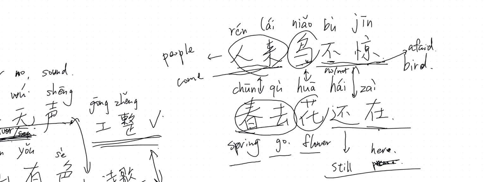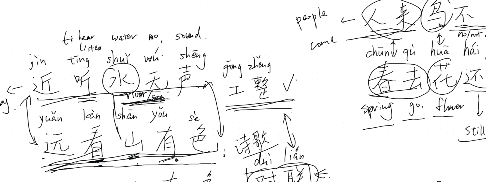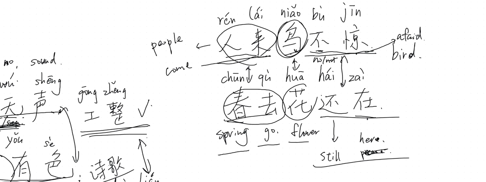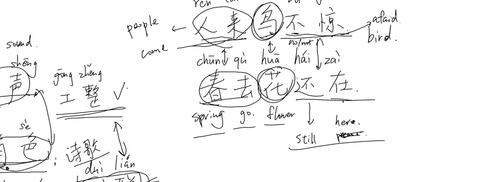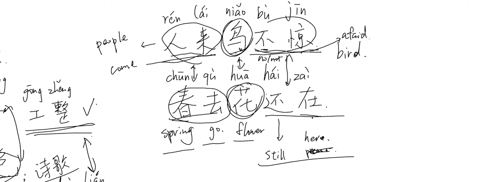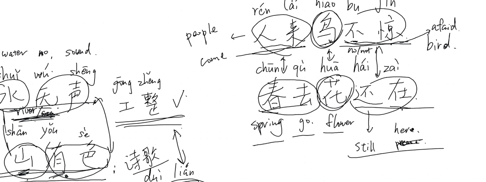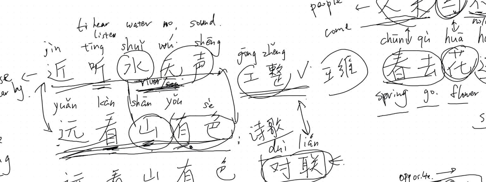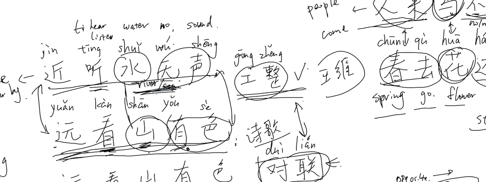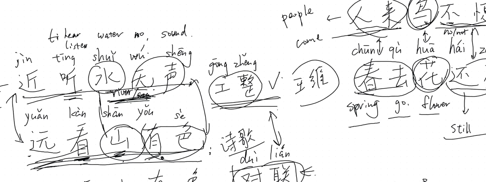A thing. Water is a thing. A mountain is a thing. A bird is a thing. A flower is a thing. The water does not have a sound. The mountain has color. The bird did not get scared. The flower is still here, is blooming. Then you can see why this guy, Wang Wei, is a really good poet. It's 工整. The whole poem is carefully crafted.